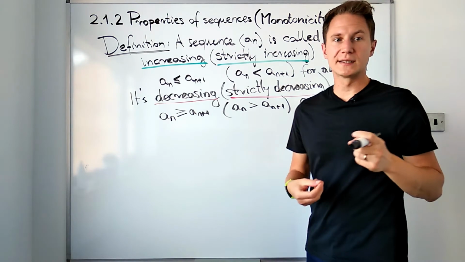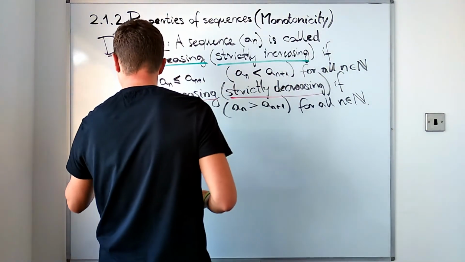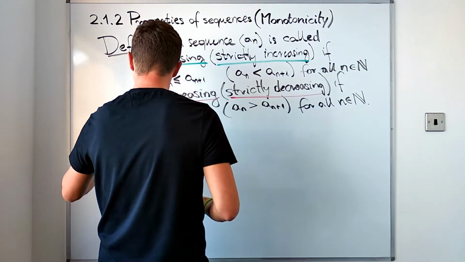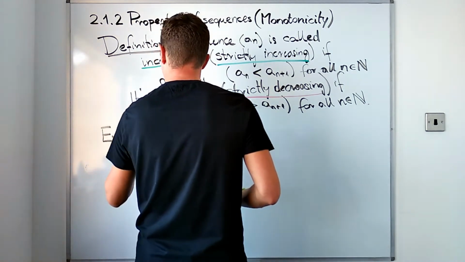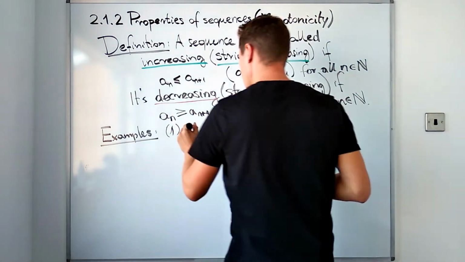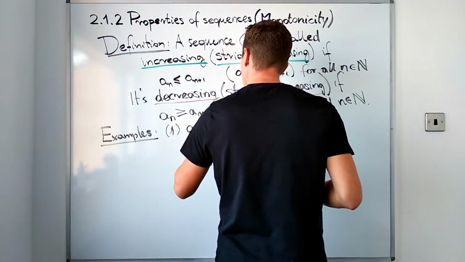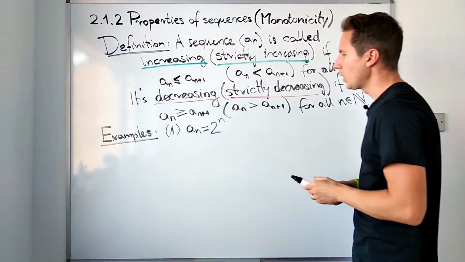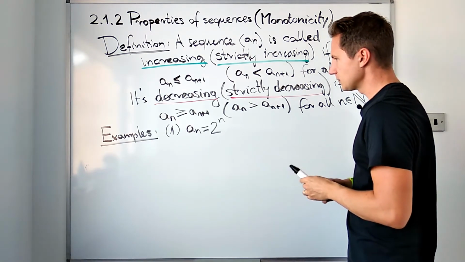So to give you a few examples and to test your understanding, I would like you to look at the following sequence. a_n is equal to 2 to the n. Again, these are the powers of 2 in a sequence.